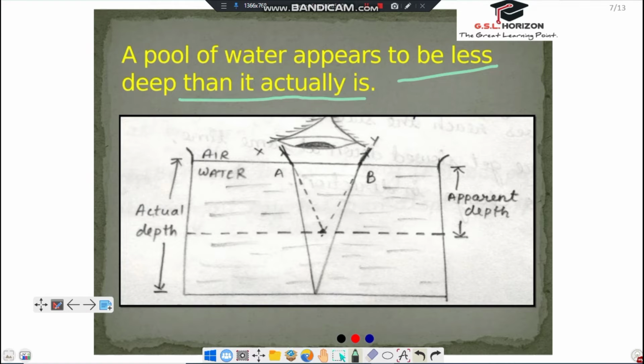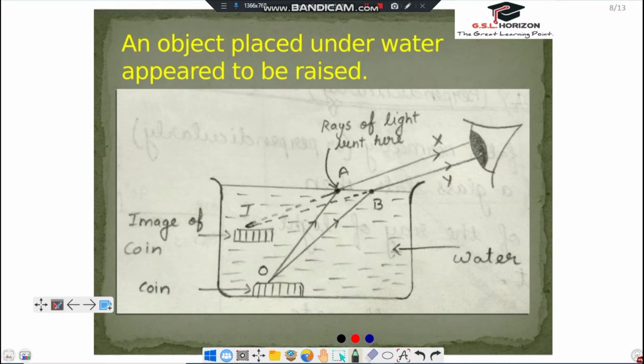This is the apparent depth that we see, and this one is the actual depth. This one is air and this one is water. Okay friends, now comes the next one.